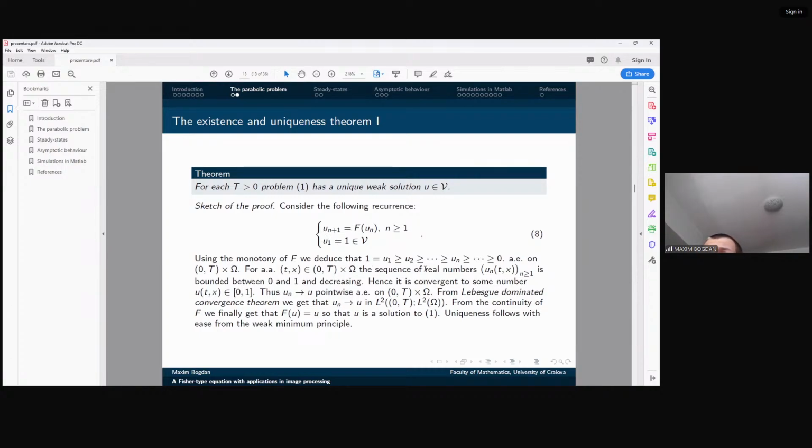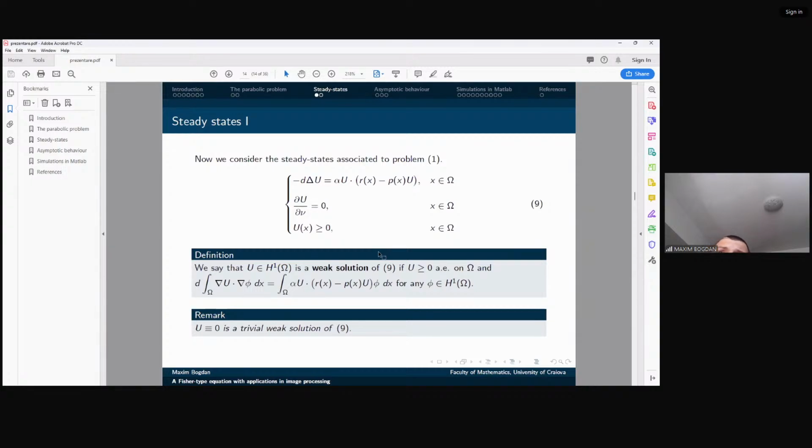We get to another image and then to another, and to another, until it stabilizes to a fixed image u. And passing to the limit in this recurrence, we have that F of u equals u, which means that u is the solution to our problem. And uniqueness follows with ease from the minimum principle.